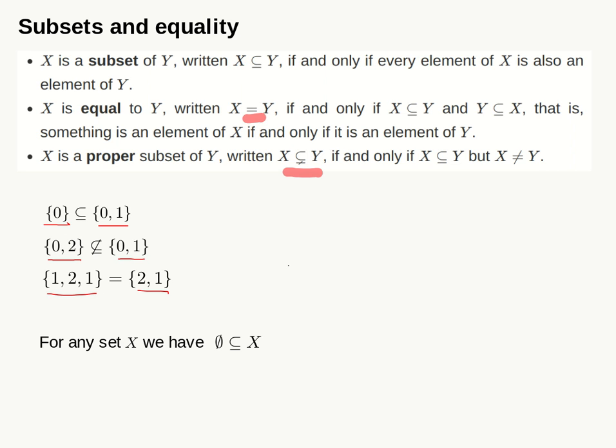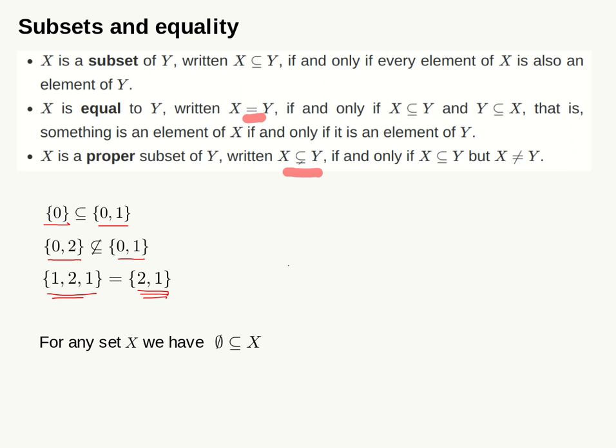And the only things which can answer yes to the question, are you an element of this second set here, are the numbers 1 and 2. So the elements of this first set and the elements of the second set are the same. And that means these two things are equal by definition. So that's the way in which our definition of two sets being equal captures the idea I had on our first slide that sets ignore repetition and ignore order.